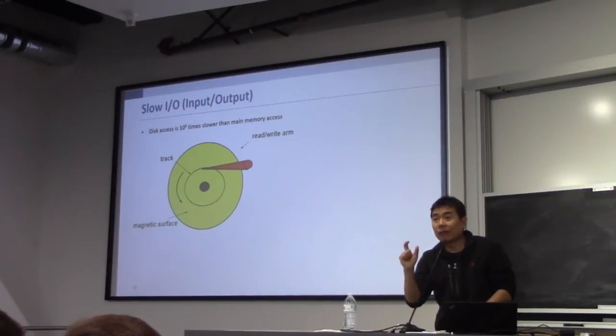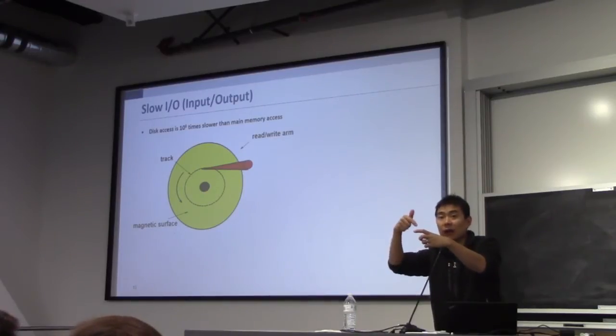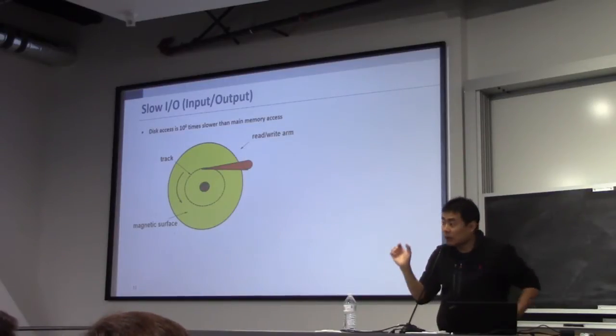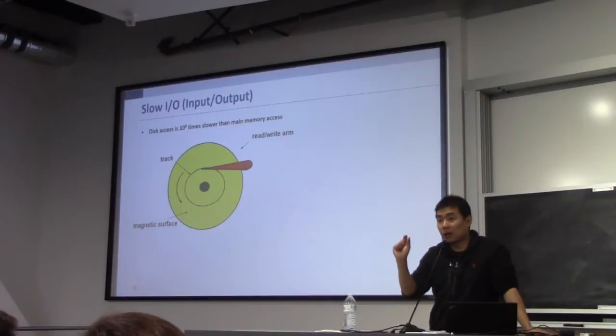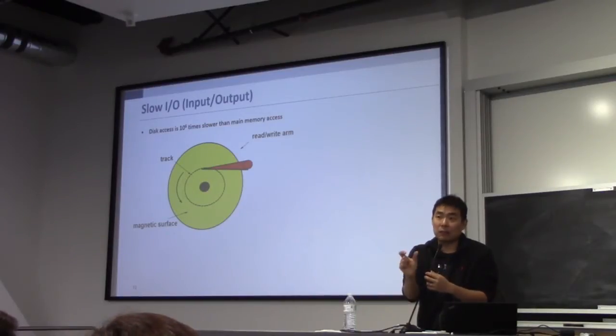But that's not enough, because a track is a circular shape, right? Once you align the arm to that particular track, you also need to wait for the track to rotate such that the area that has the data you are trying to read is right below the head of the arm. Then the head of the arm is able to do the conversion, meaning it's able to detect the magnetic field on that particular area.